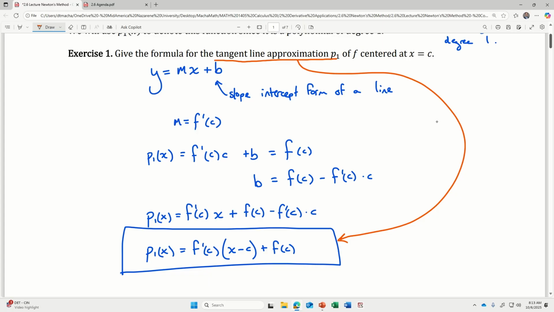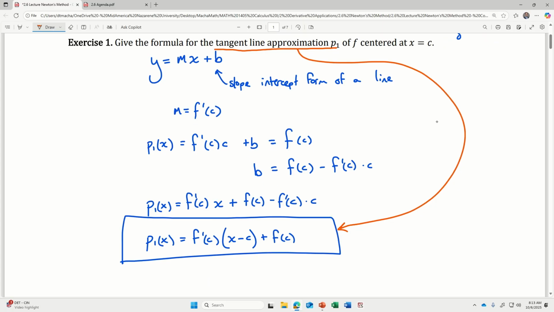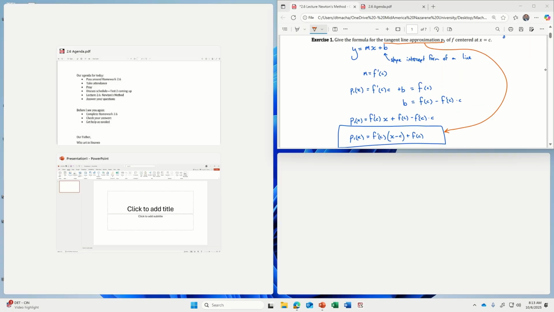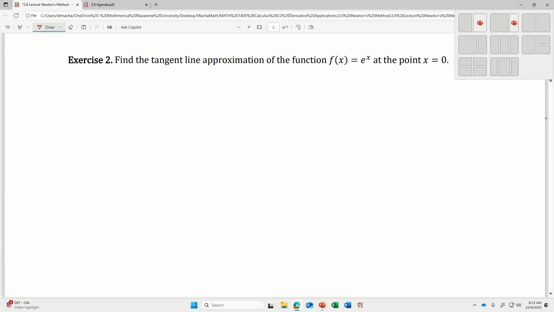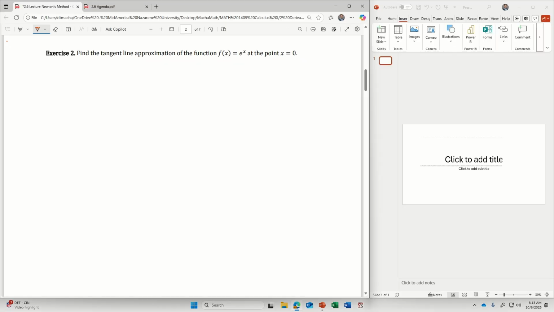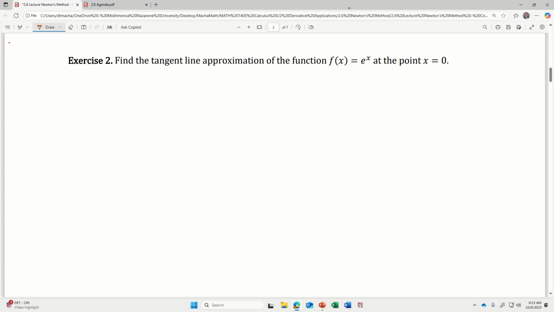So we've seen this before. You remember this from section 1.5, but just to keep it fresh in our mind and do some scaffolding, let's do one of these problems too. Find the tangent line approximation of the function f of x equals e to the power x at the point x equals 0.